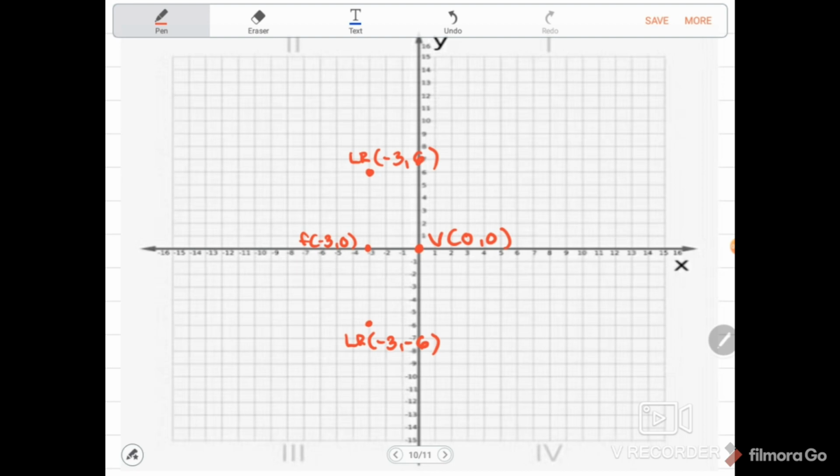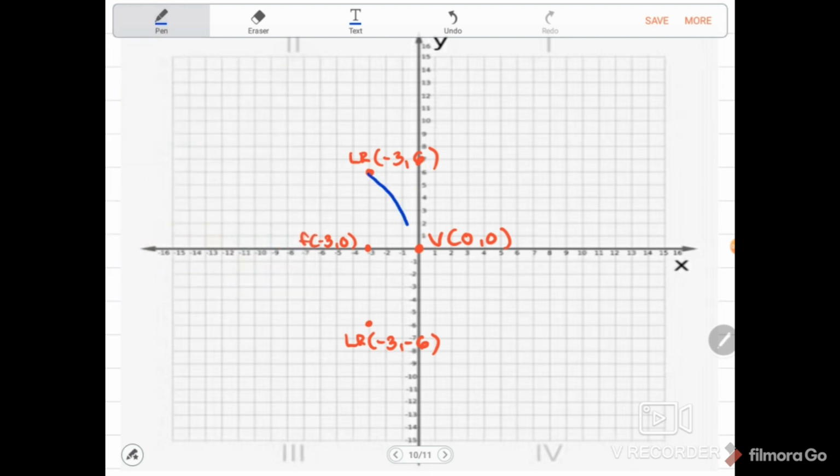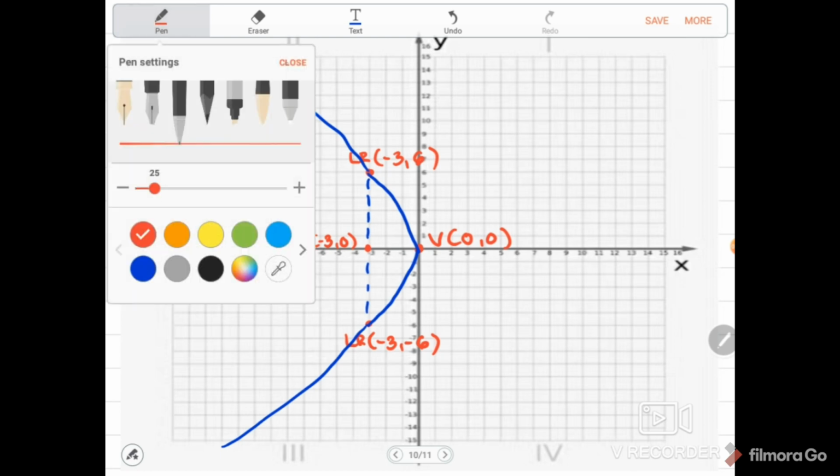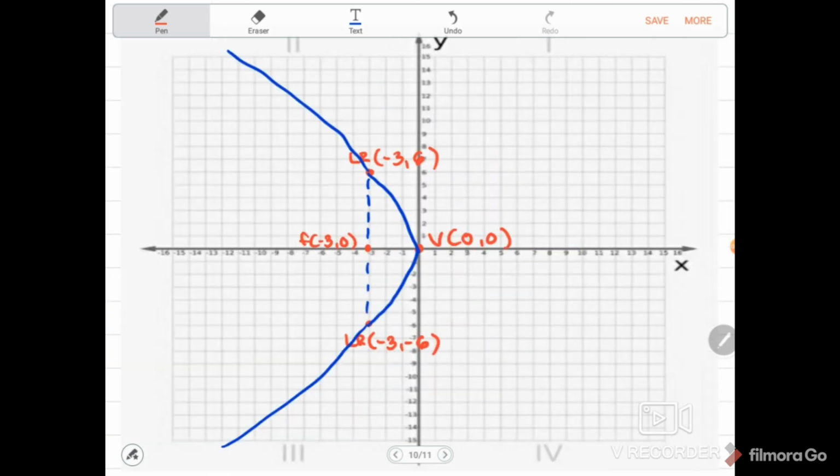Ayan na. Tapos na. Let us connect. So, pag kinonnect natin yan, ito, papunta dito. Then, extend lang natin. Okay? Then, connect the two latus rectum natin. Ayan. No? Then, the last one is the directrix. Our directrix is x is equal to 3. Nandito daw yun.